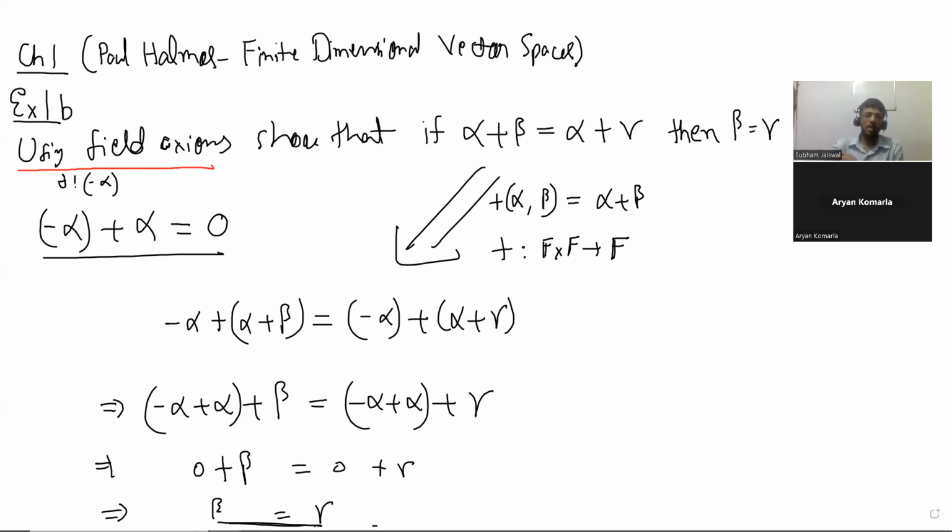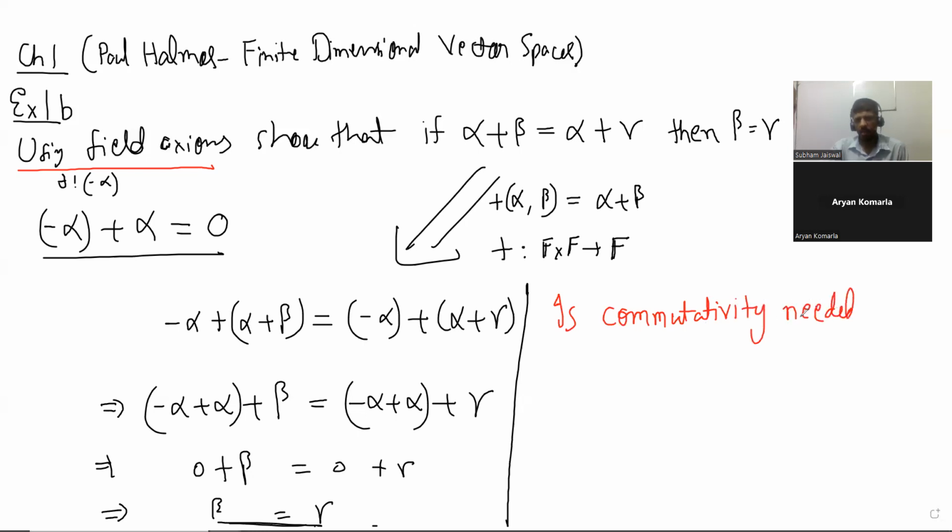You can think about this: in the axioms, is commutativity needed? You can think about this later. Mathematically this means that if commutativity is not in the axioms, does it automatically follow from the other axioms?